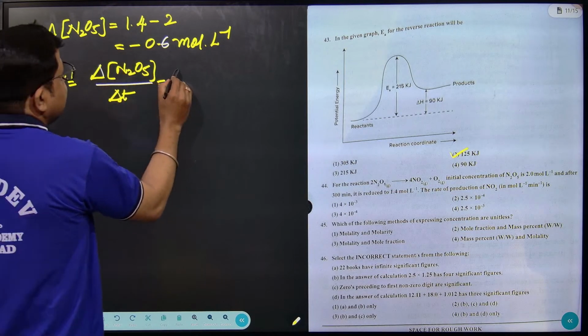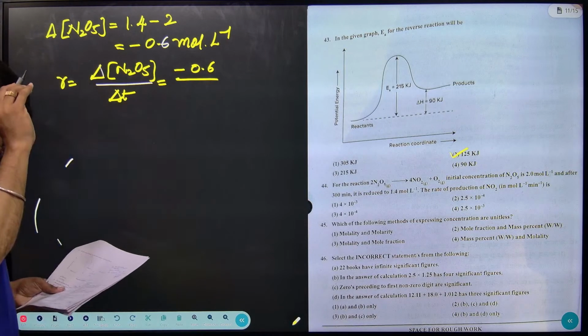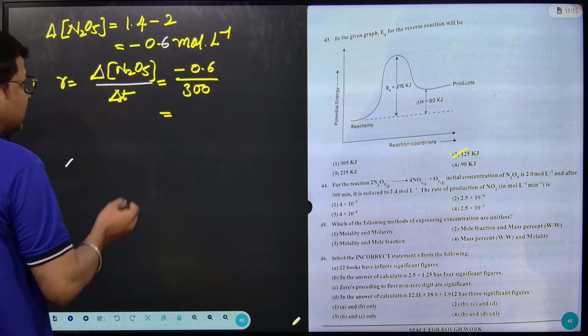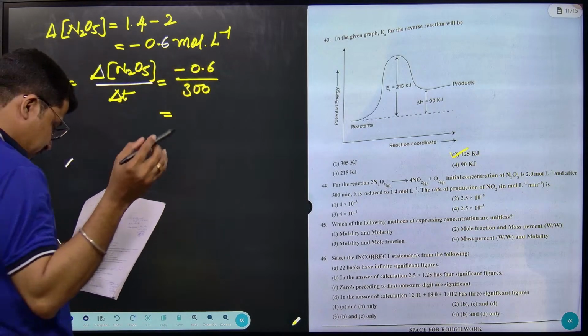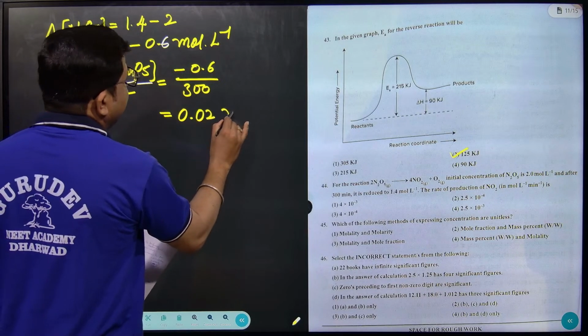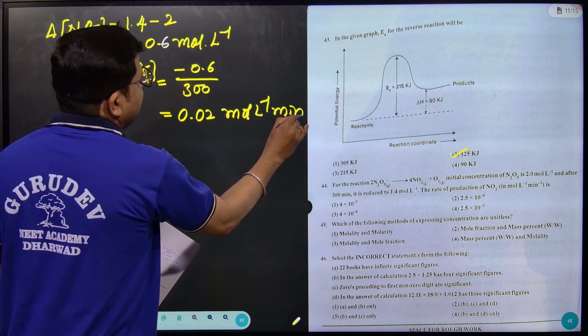The change in concentration is minus 0.6 divided by 300 minutes. This is mole per liter per minute, and we get 0.02 mole per liter per minute.